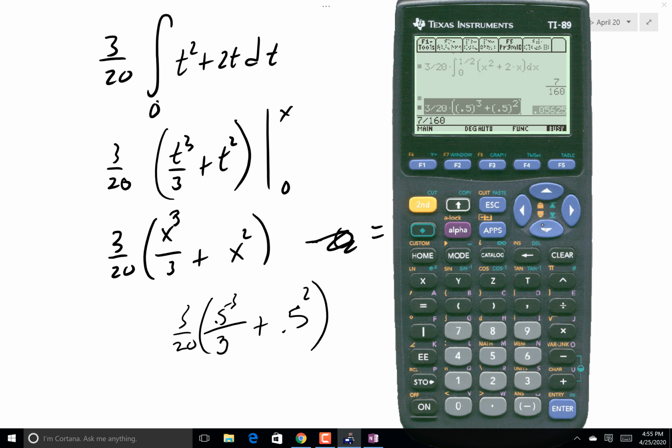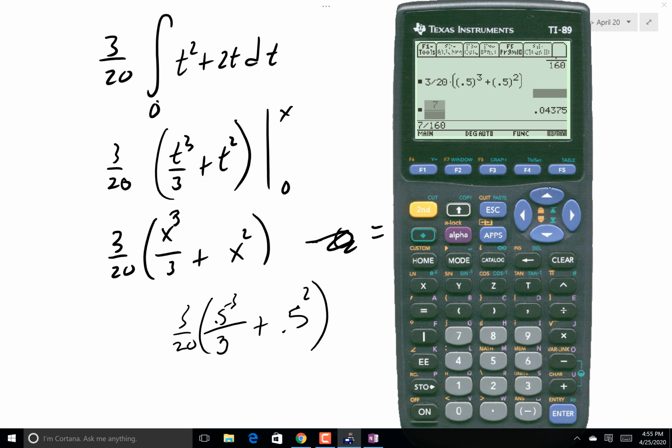I see what happened. I didn't divide by 3. There it is. I did it right this time. They should come out the same.